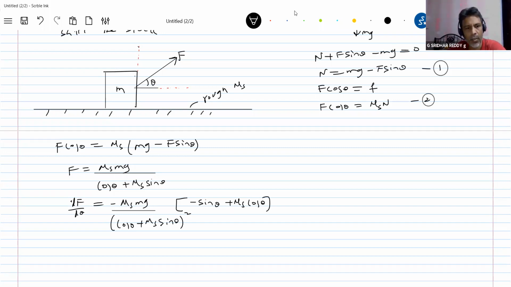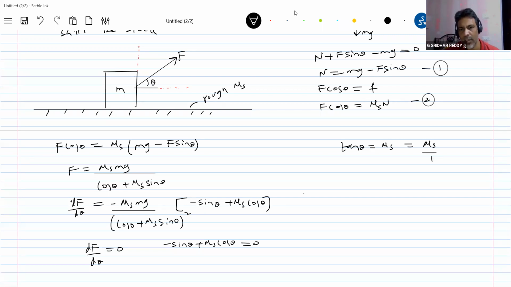Now what is the condition for the extremum? dF by d theta equals 0. Equating the numerator, minus sine theta plus mu s cos theta equals 0. So we get tan theta as mu s, or mu s by 1.